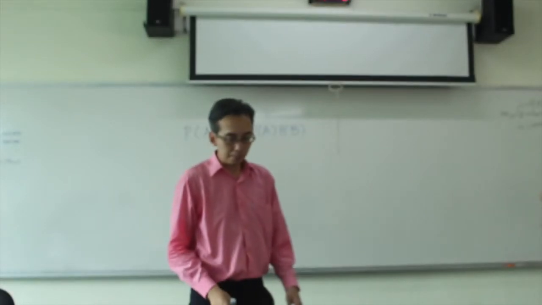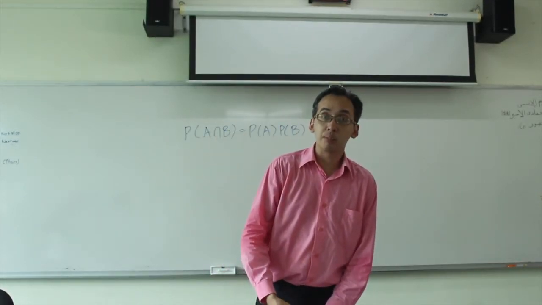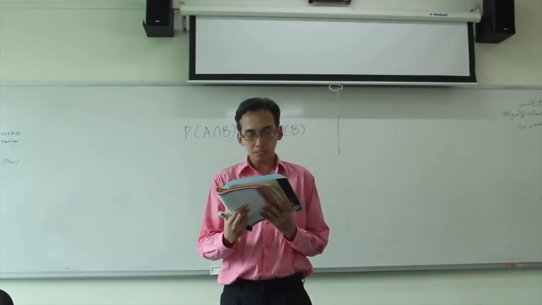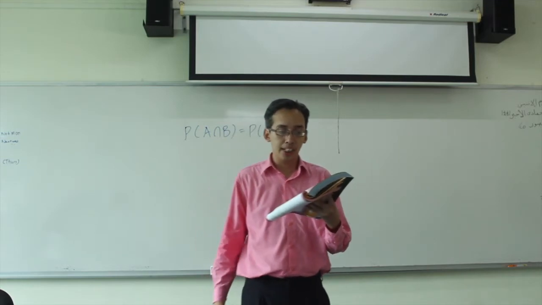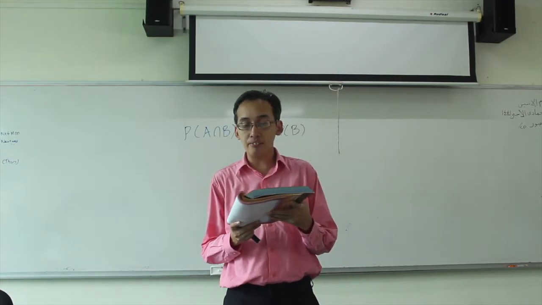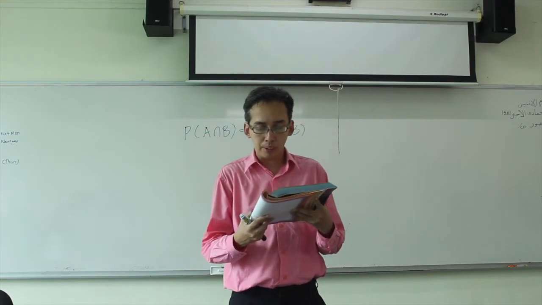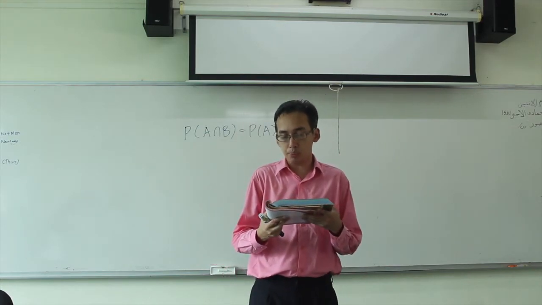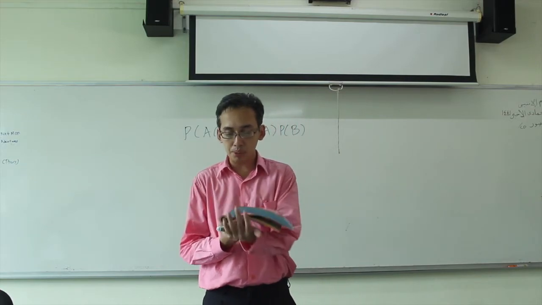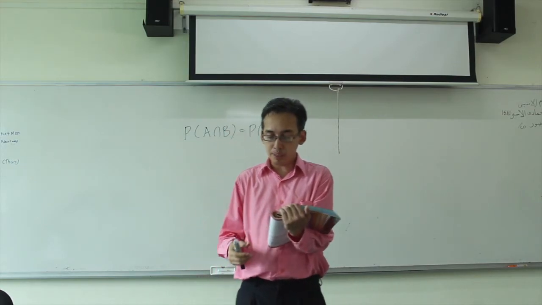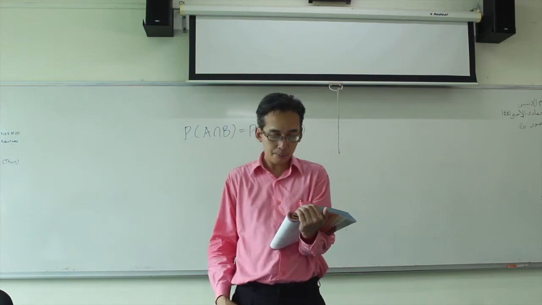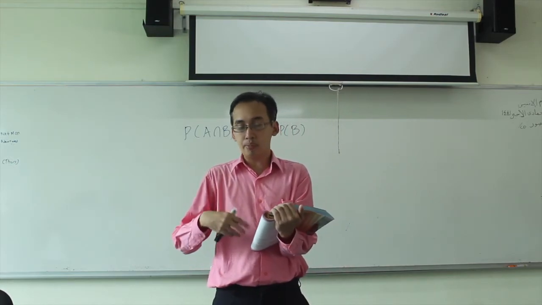Welcome back. We are now going to look at worked example 17.10. Let's read the question first. A and B are independent events. It's mentioned here that it's independent, with probability of A union B to be 0.8 and probability of A to be 0.2. You are supposed to find probability of B. It's different from the previous example.